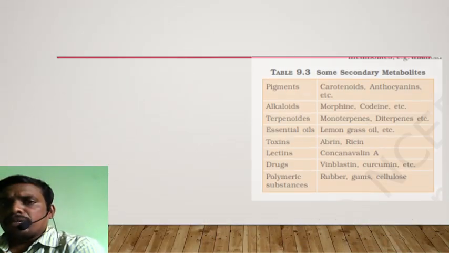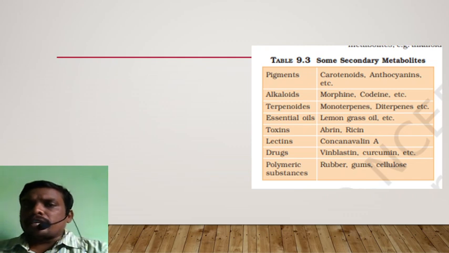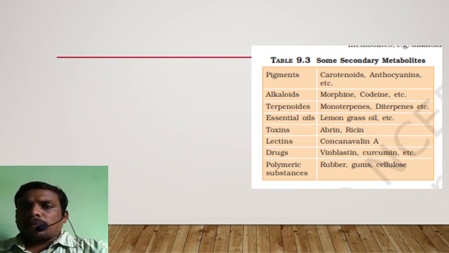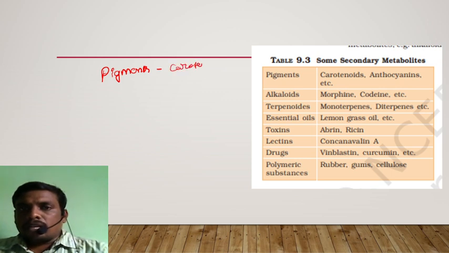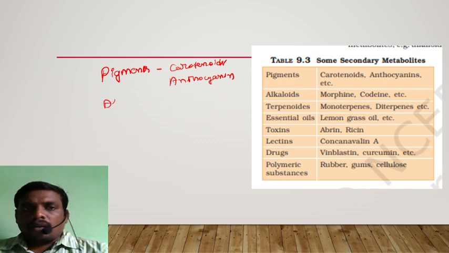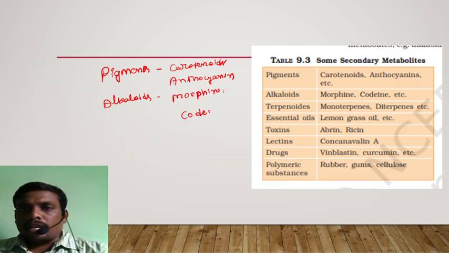Here, if you carefully observe, some of the secondary metabolites are present in the plants. Let us take the pigments, like carotenoids and anthocyanins. Then the alkaloids, which include morphine, cocaine or codeine.